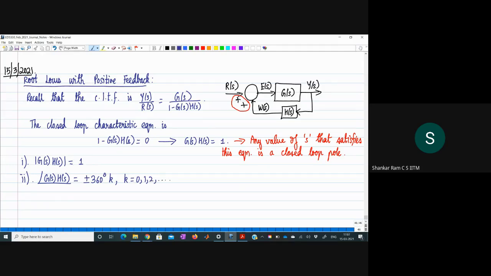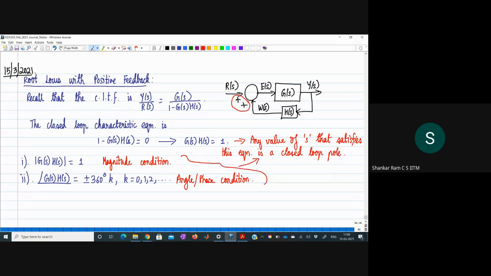So this is the magnitude condition, and the second equation is the angle or phase condition in this particular case. Consequently, any value of s that satisfies both these conditions is a closed loop pole once again.